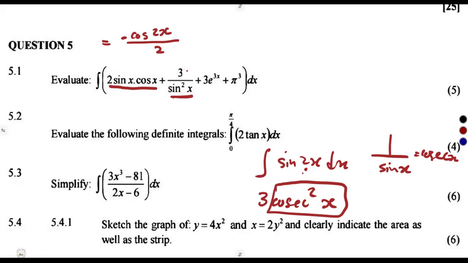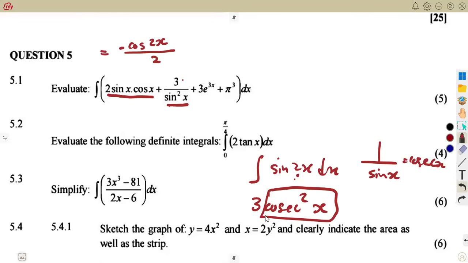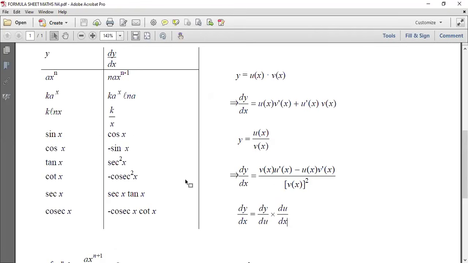So we're going to go to our formula sheet. Let me show you this part so that we will be together. If we are dealing with cosec, remember, we are on this side. If you check the derivative of a cot, it's negative cosec squared.